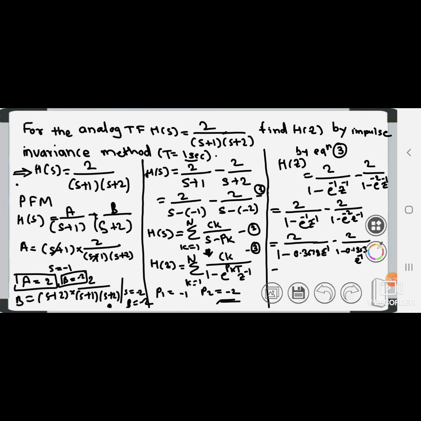So by just cross multiplying, we get the numerator as 0.46 z^-1.